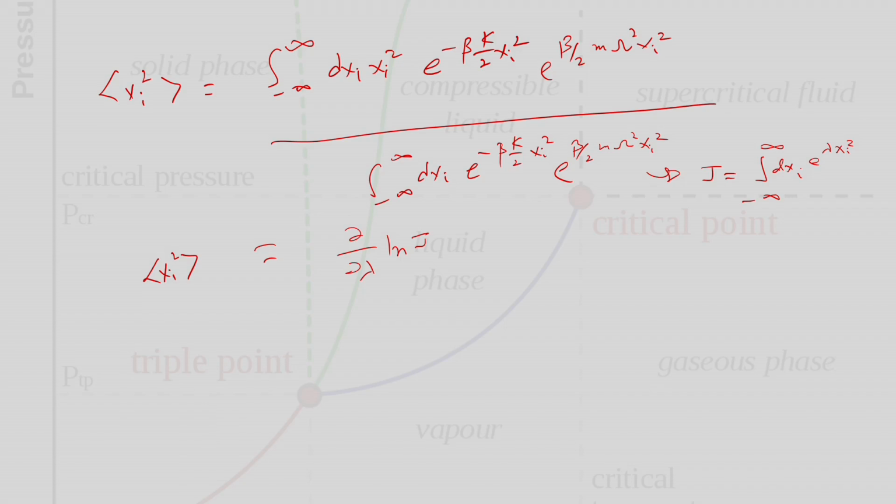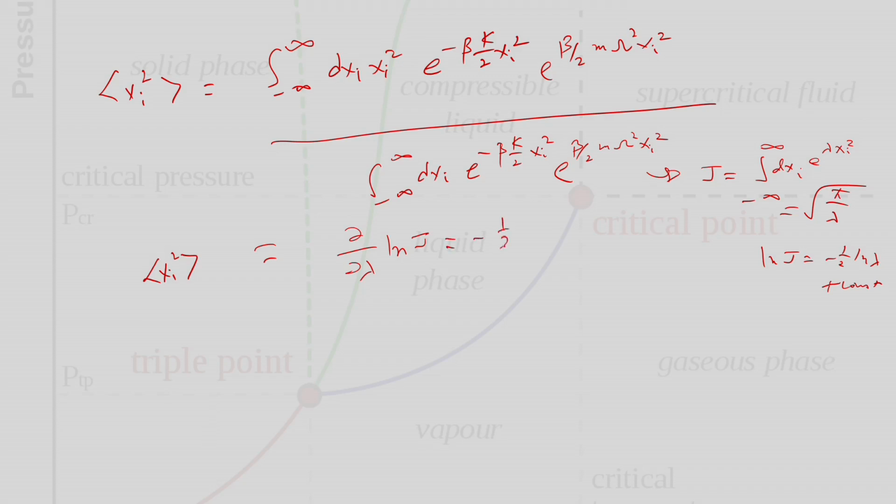So, all I have to do is calculate J. This is nothing but pi by lambda. So, the lambda derivative of ln J, so the ln J is going to be some constant minus 1/2 ln lambda plus some constant. The derivative of ln J with respect to lambda is basically minus 1/2 by lambda.